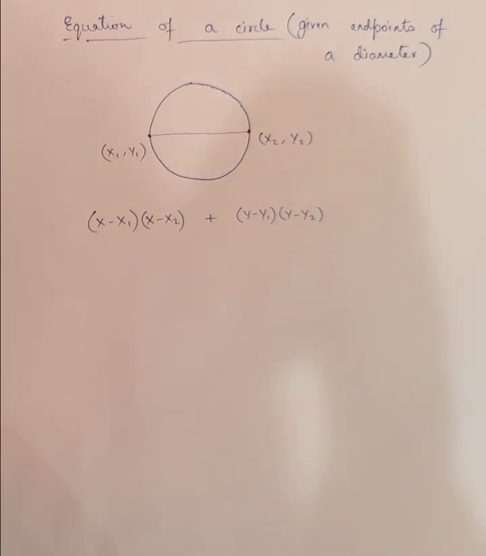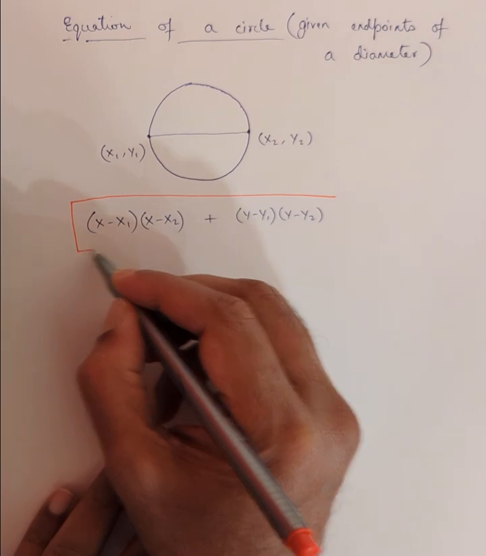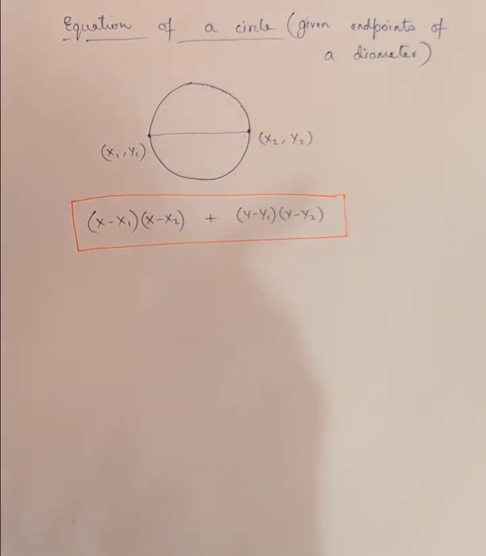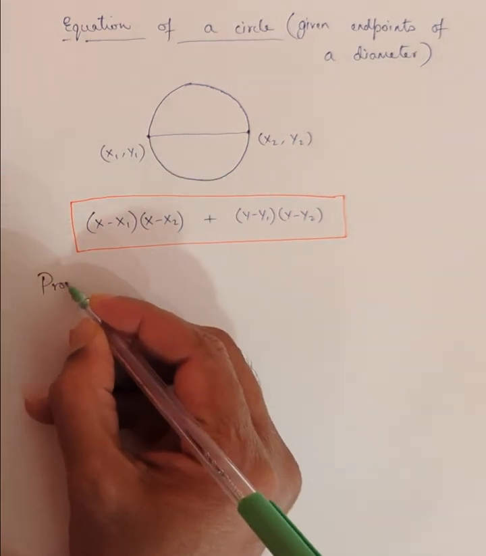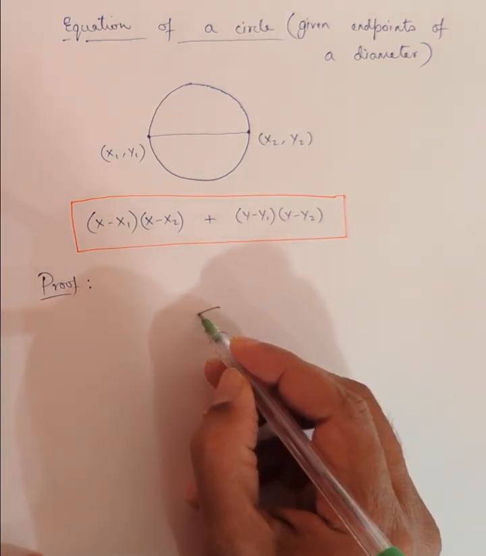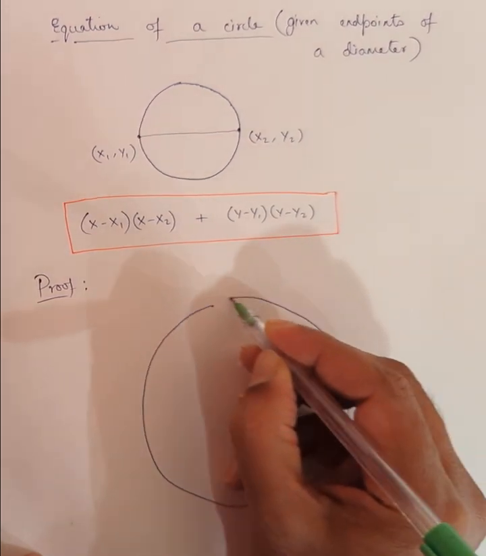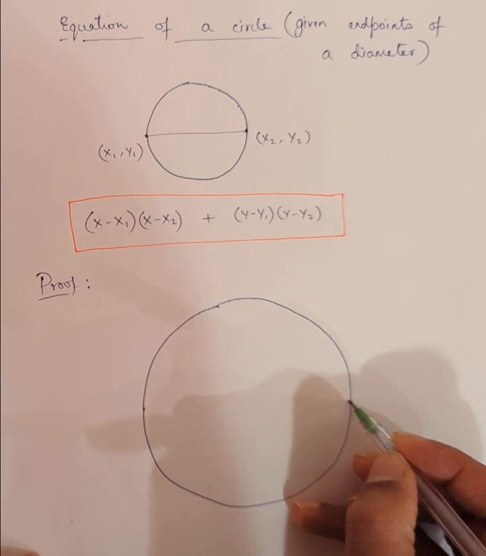Now here is one other proof that I would like to show in this video, and this is based on the fact that if you are going to take any point inside the semicircle and draw a triangle.